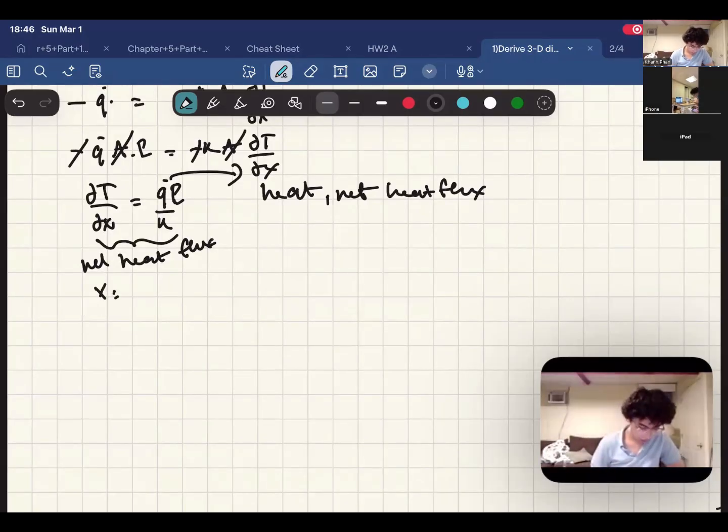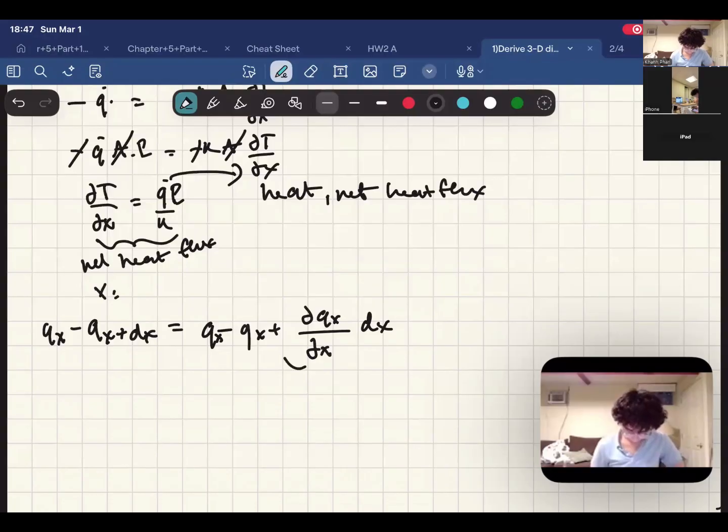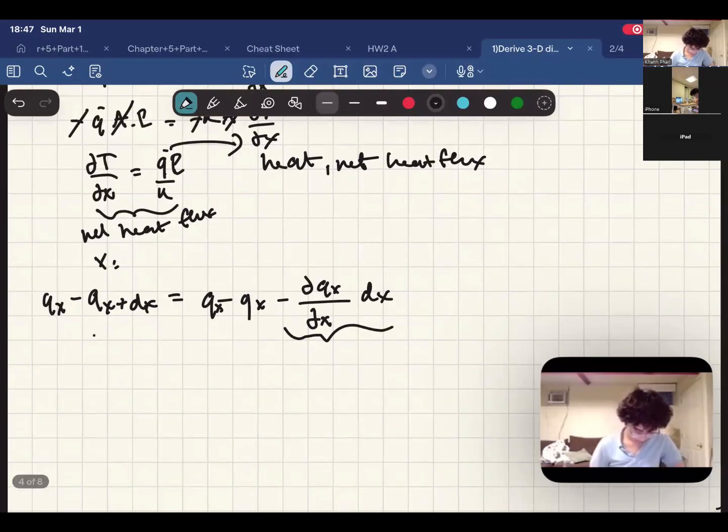Okay, so for x, we know that qx minus qx plus dx is equal to qx minus qx plus the derivative dqx over dx times the distance, so dx. So we will just have this. And then for y, it's the same thing.